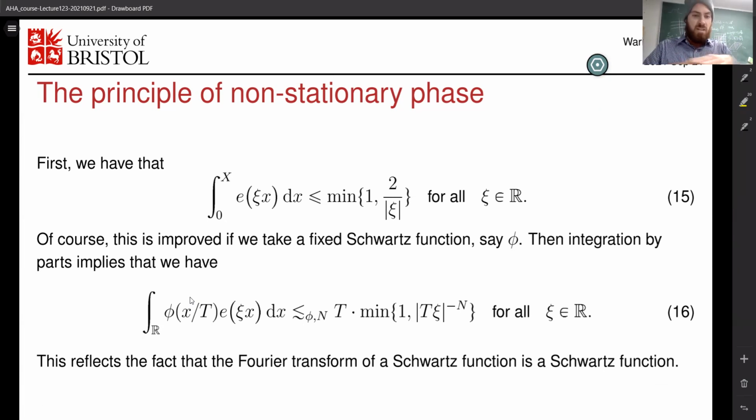Now for us, we have to consider dilations of these Schwartz functions. And what we saw before is that, at least in one dimension, you pick up the length of this integral times some of the cancellation that happens when t times c is bigger than 1. Again, this is just a reflection of the fact that the Fourier transform of a Schwartz function is a Schwartz function.